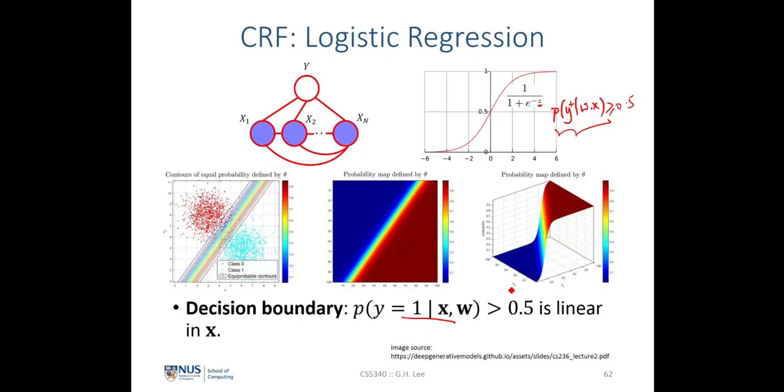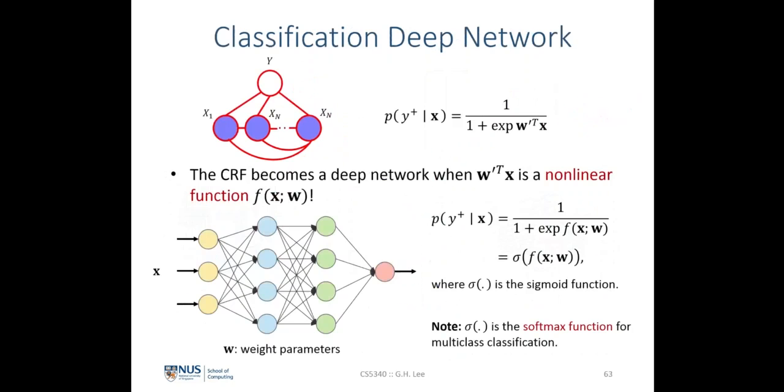So in higher dimension, where x is 2-dimensional, we can see that this decision boundary corresponds to this very nice curve. And what's interesting is that the linear dot product term, which is essentially a linear combination of w and x, can become a nonlinear function.